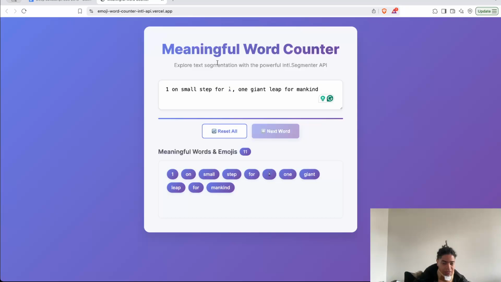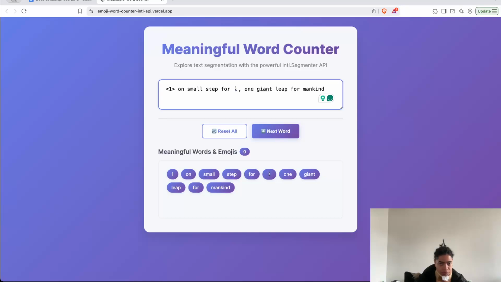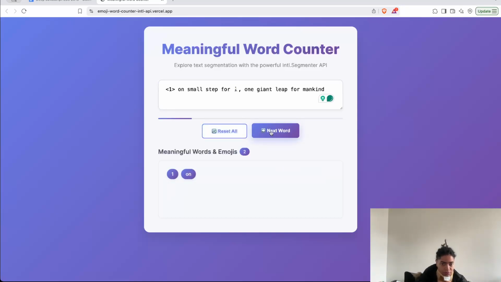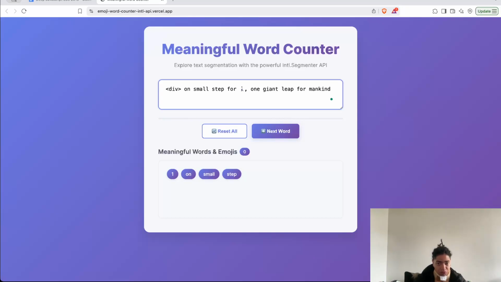Using the segmenter is useful for any text analysis where you want to get the meaningful words. So for example, you do this, only including words, not symbols or funny characters and all that kind of stuff. This might be useful any time you want to extract content from a div.